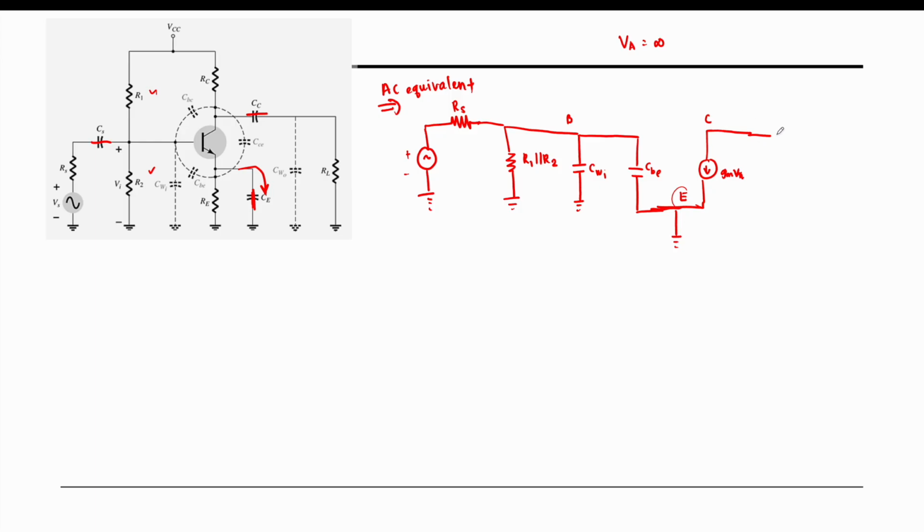Next, when it goes to the collector, we have RC. Between the collector and the emitter, we have one capacitor, CCE.